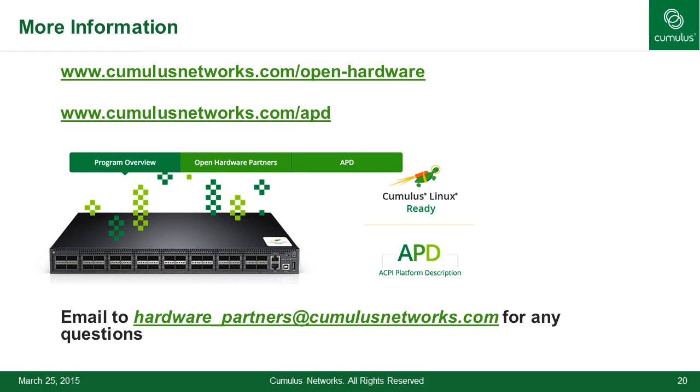In there, it introduces what this Open Hardware program looks like, what it takes, and also there's a button you can click called Join the Program. You can fill out some basic information, and we're going to reach out to you to start the stage process for Open Hardware. So we're going to go through stage 1, 2, 3, 4 to get the new partner on board and the integration started.